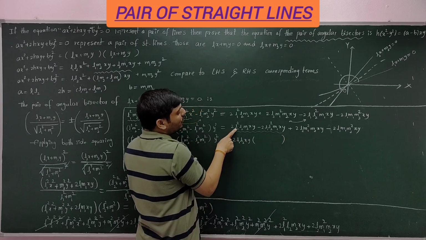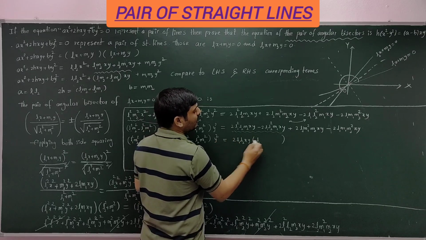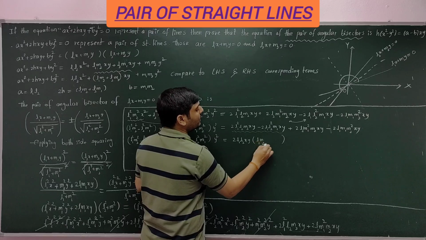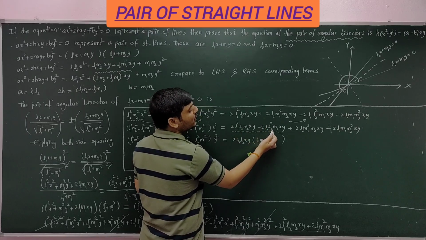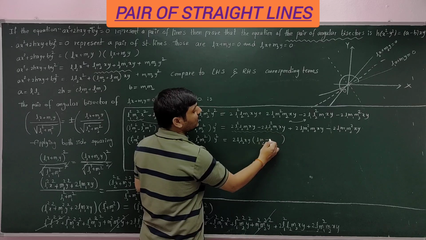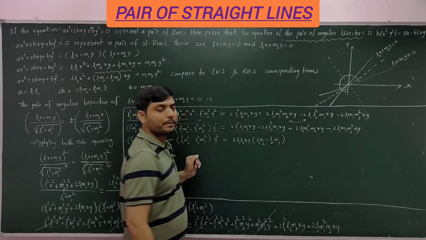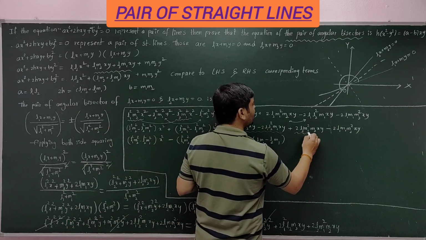The remaining terms: one l1 is outside and one l1 is inside, and m2 is not outside so it is inside. The sign is minus. Here l1 l2 is outside, and the remaining l2 is inside, and m1 is already inside. It's clear. The same concept applies in these two situations.